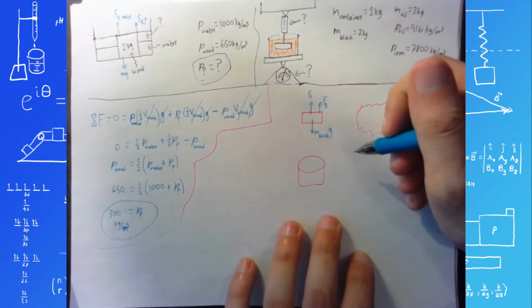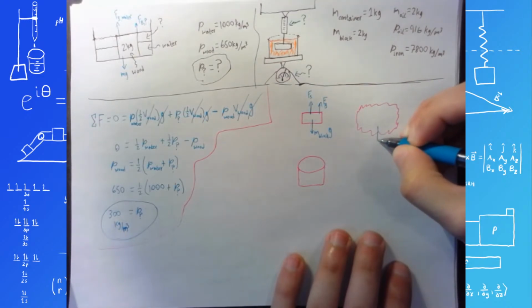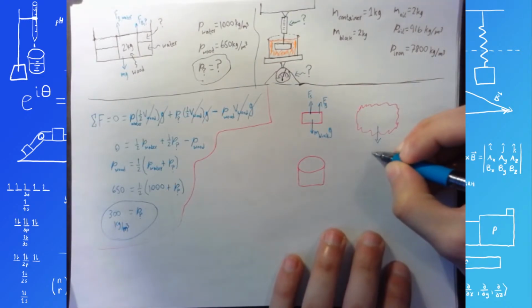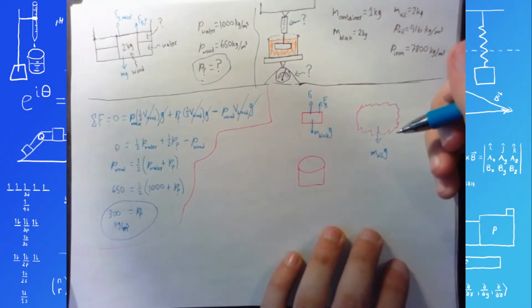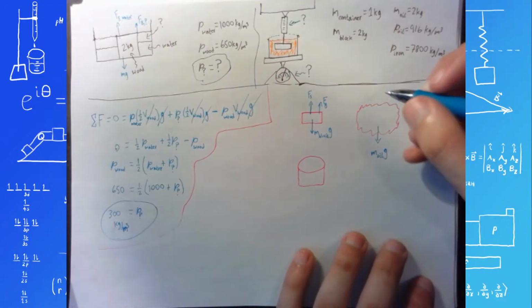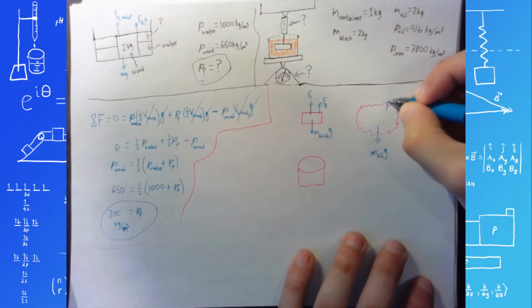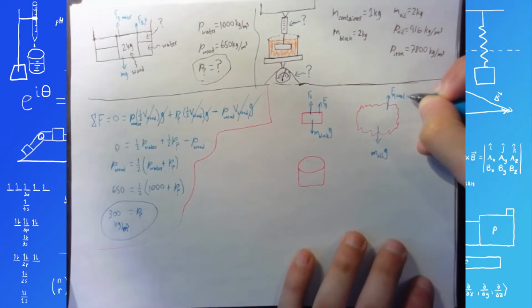Okay, the oil has its own weight pulling it down, so it has m oil times g. There's going to be a normal force exerted on it by the beaker. I'm going to call that normal force container, normal force cont for short.